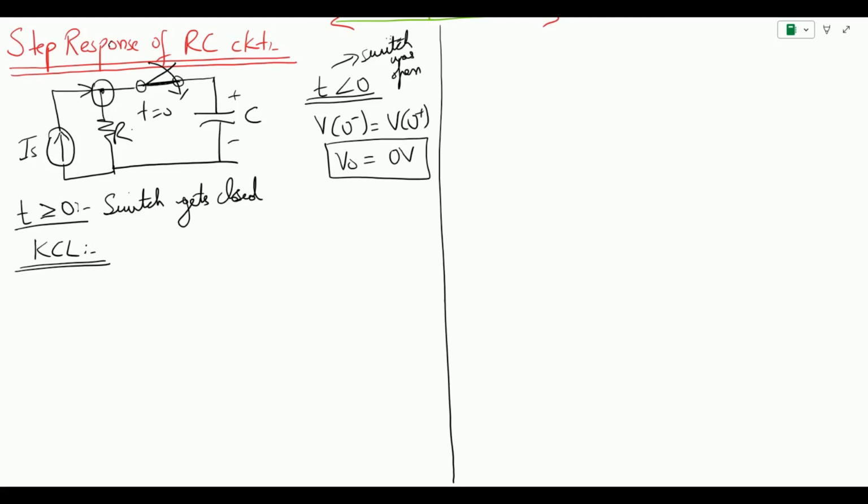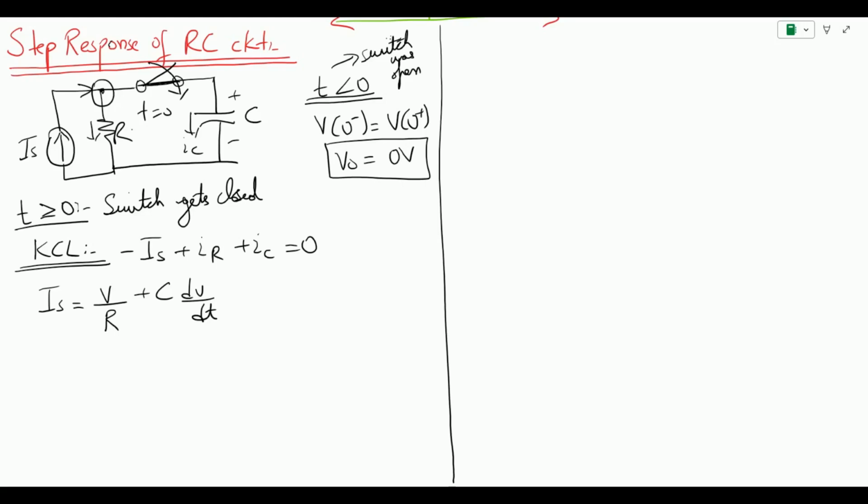When we apply KCL, our equation will be: Is is entering the node, so we consider minus Is, then the current leaving through the resistor is plus Ir, and then the current through the capacitor is plus Ic, equals 0. So we can say Is equals, by Ohm's law, V by R plus the current in the capacitor, which is C dV by dt.